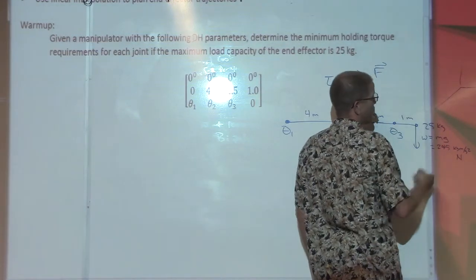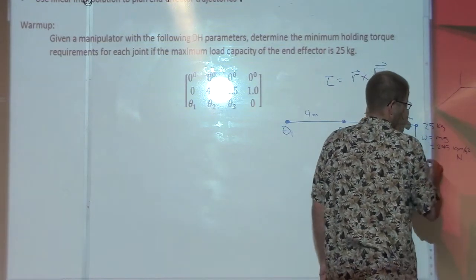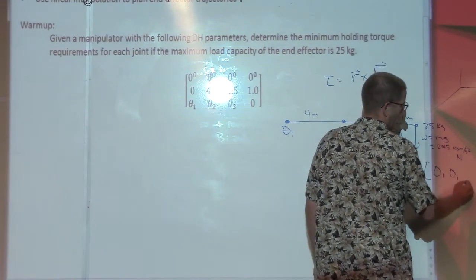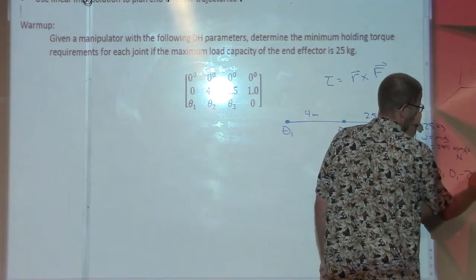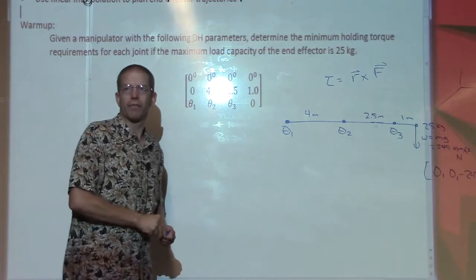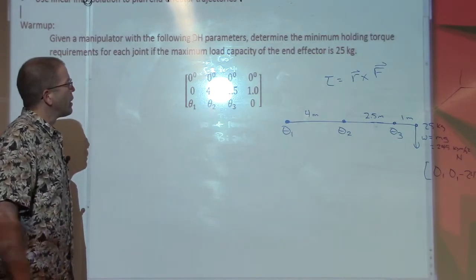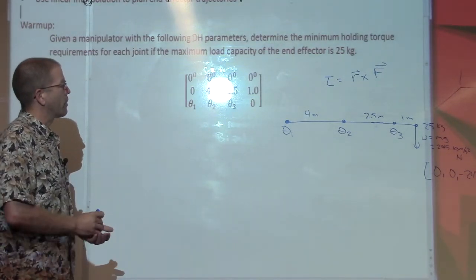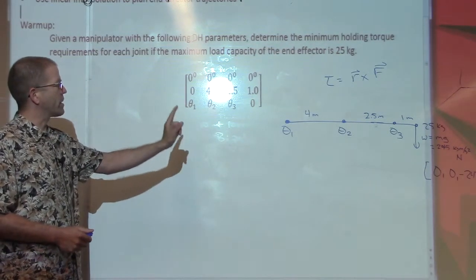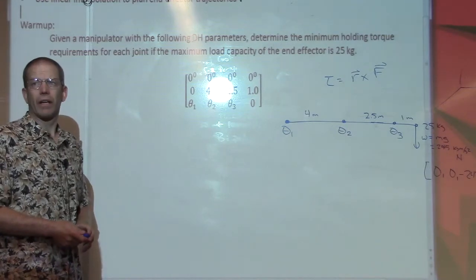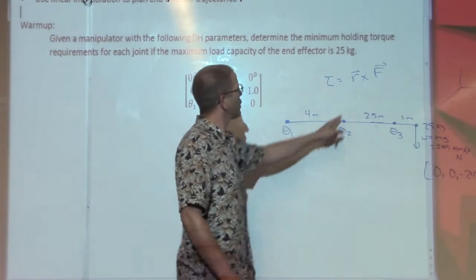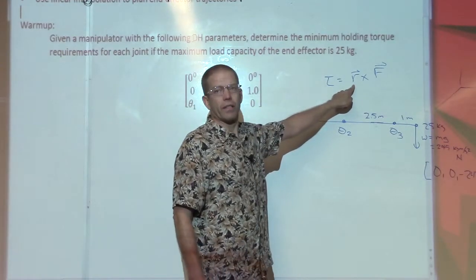Therefore, the force vector is going to look something like this: 0 x component, 0 y component, and then a negative 245 z component, meaning it's being attracted towards the planet. Okay. Well then, if we've got the force vector, and note that that's the same force vector that we're going to be using for each of the torques, how are we going to determine the position vector for each of our joints?